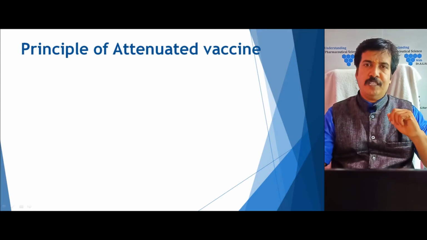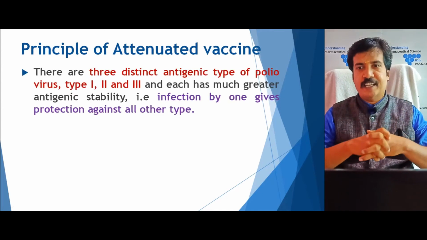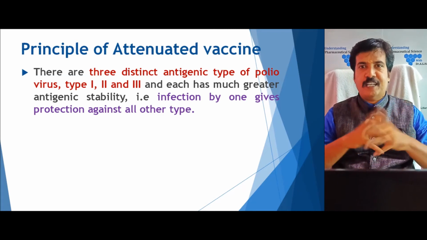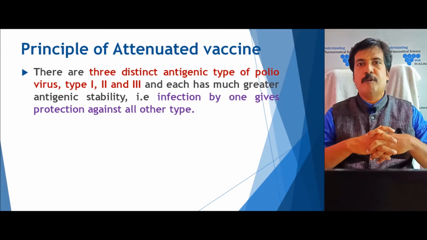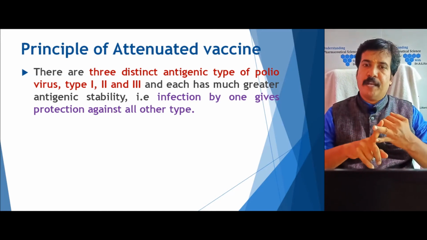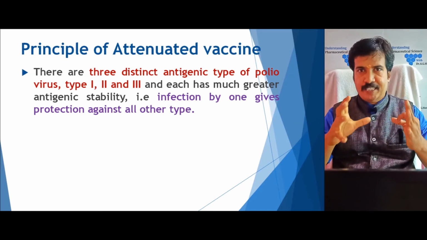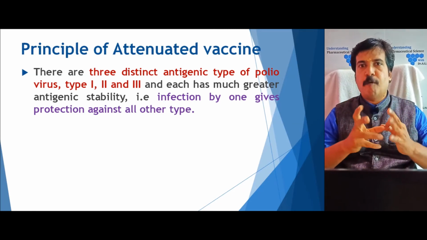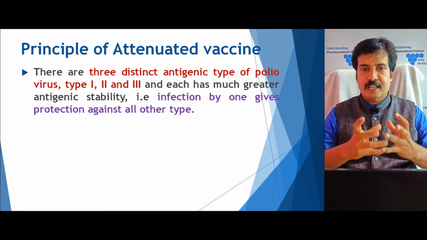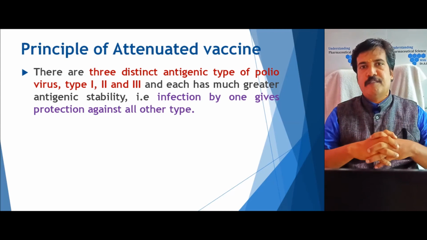So the principle of the attenuation process is based on the idea that there are 3 distinct antigenic types available for the polio virus. I already told you, type 1, type 2 and type 3. So we need a vaccine which is stable and polyvalent in nature with these 3 characteristics, so that it can give protection from other types.